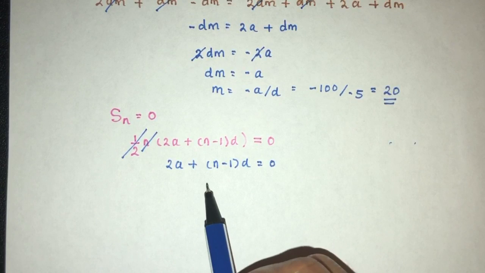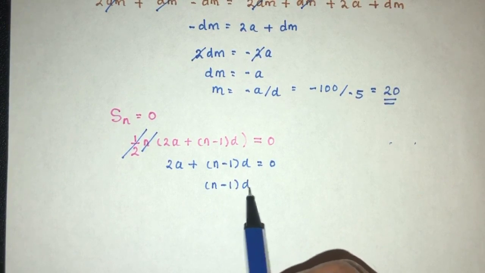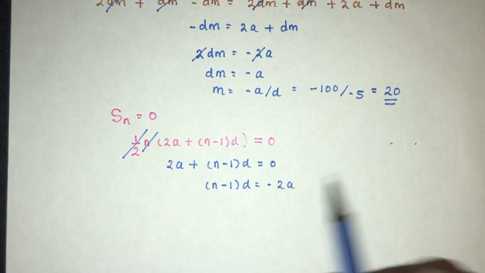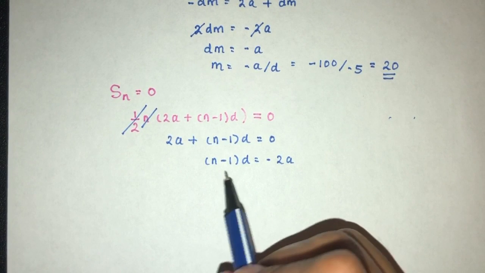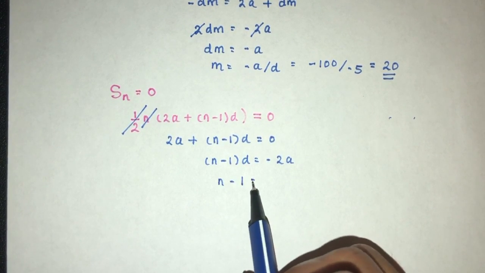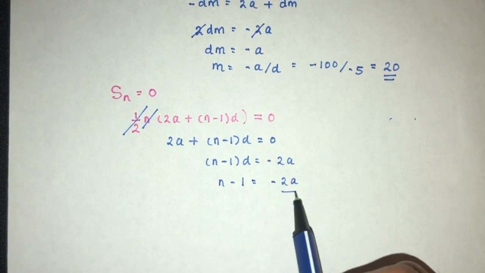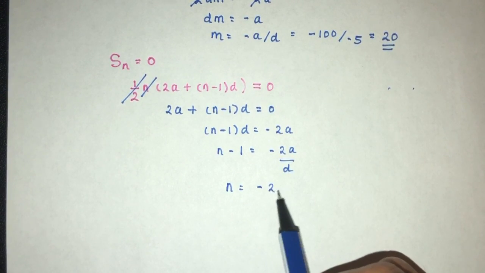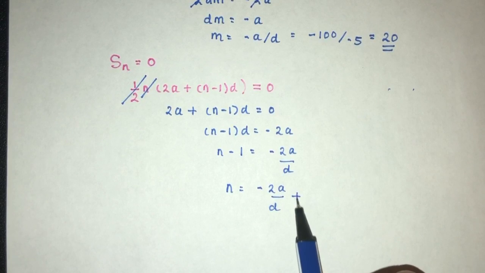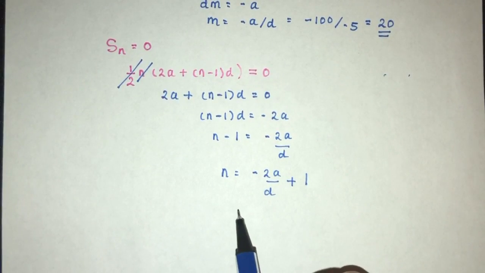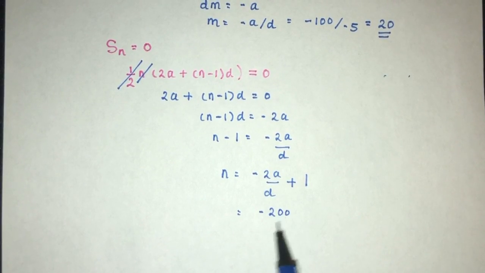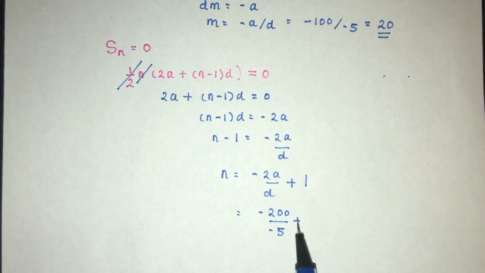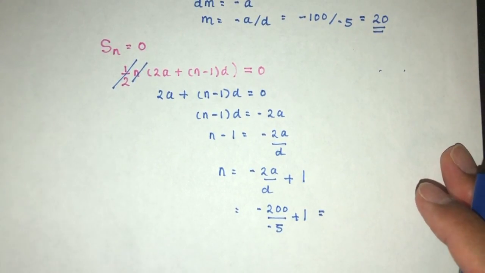So simplify. n minus 1 times d will be minus 2a. So n minus 1 should be minus 2a divided by d. So finally n will be minus 2a divided by d, plus 1. So let's find out. That should be minus 200 divided by minus 5 plus 1. That should be what?